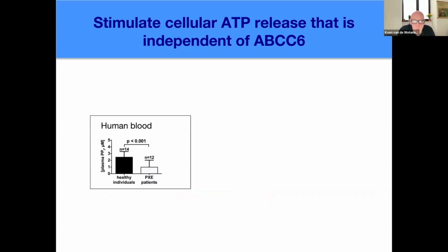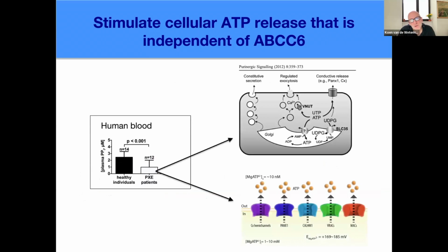Okay, so there are several ways that cells can use to get ATP into the blood circulation. And the two most well-known processes are regulated exocytosis. And what's that? There are structures inside cells that can be loaded with ATP. You can see these structures as, let's say, balloons filled with ATP, and these balloons travel to the plasma membrane and they're then emptied into the extracellular environment.